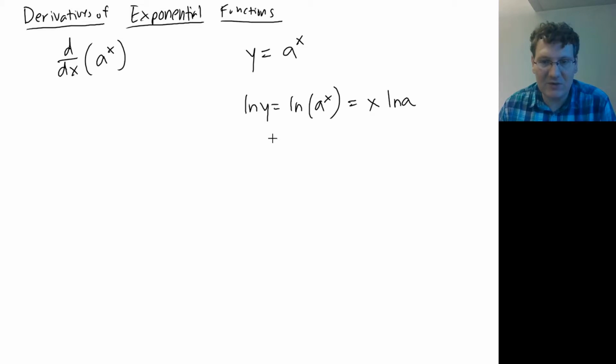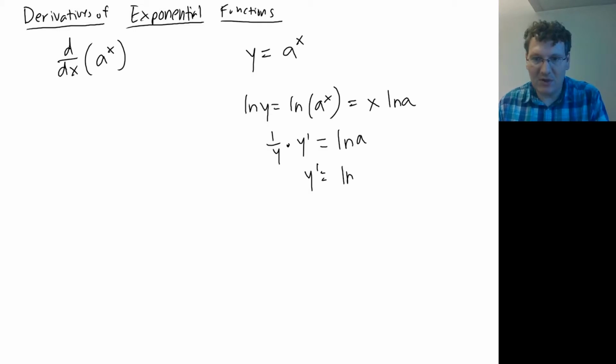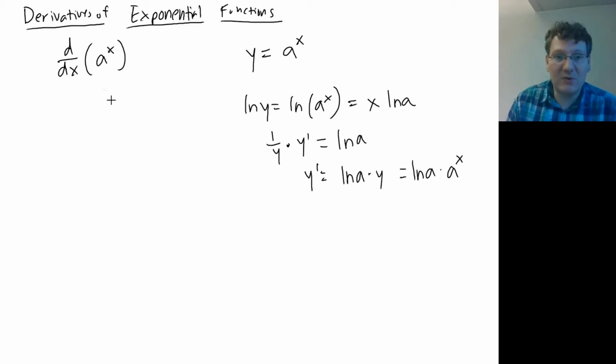And so take the derivative of both sides implicitly. What we get is 1 over y times y prime equals just the natural log of a. So y prime is going to be the natural log of a times y, which is just the natural log of a times a to the x. So that's the derivative.